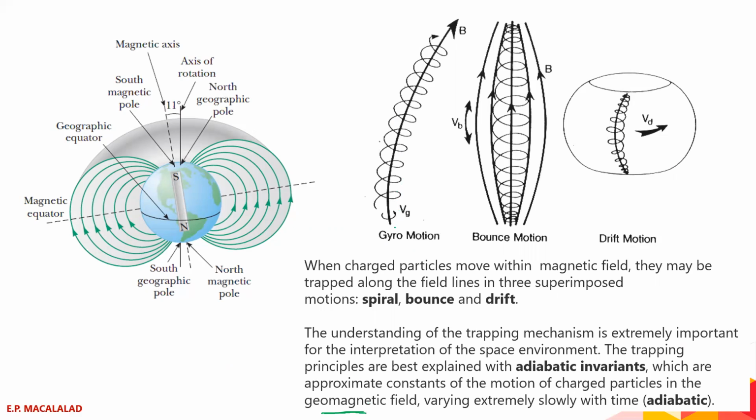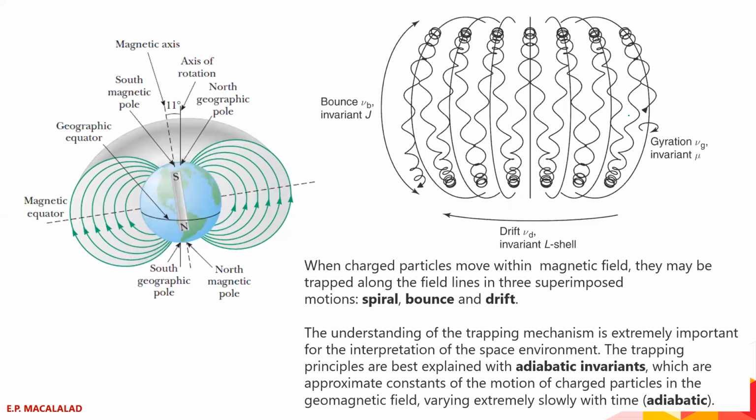Again, there is gyro motion, there is bounce motion, and there is drift. So the overall motion of your particle, let's say starting at this point, the particle will gyrate, and then will bounce, and it will drift in this direction.